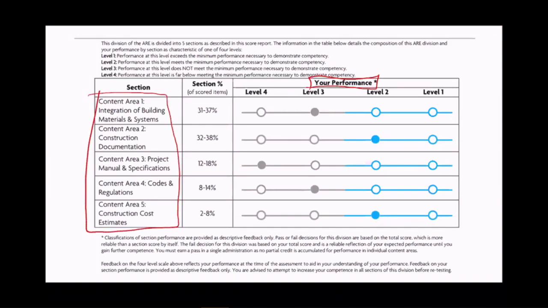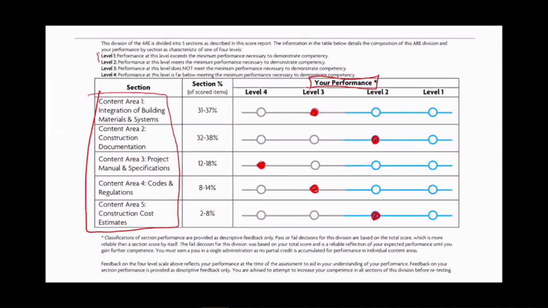This particular person did level 3 in content area 1, integration of building materials and systems. He did level 2 in content area 2, construction documentation. He did level 4 in content area 3, level 3 in content area 4, and level 2 in content area 5. Now, what does that mean?